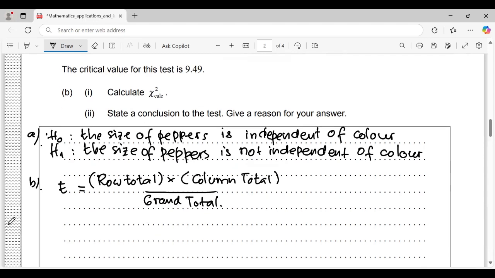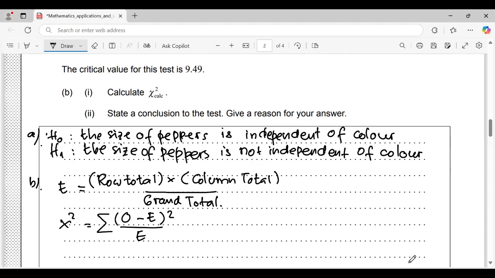For the chi-square calculation, the formula is sigma of (O minus E) squared over E. E is the expectation, and O is the observed number of every paper.